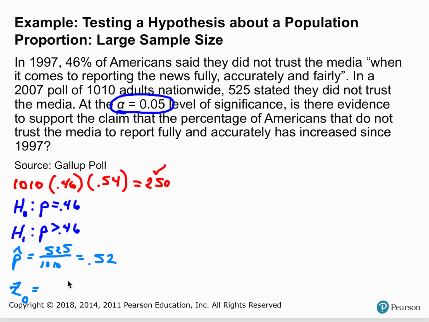Remember our formula: p hat minus p sub naught, over sigma, which in this case is the square root of p sub naught times 1 minus p sub naught, which is 0.54, all over n, 1,010.